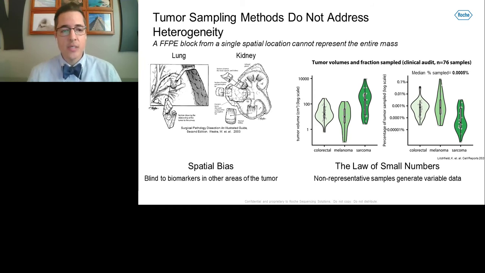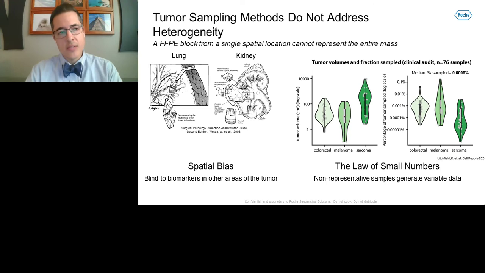And here you can see a lung and a kidney tumor. And the samples are taken, many times are taken with the tumor and the normal tissue, such that you can look at the interface. For many reasons, these samples are critically important so that we can stage the tumor appropriately, which is both prognostic and very important when we discuss designing treatment regimens for patients.